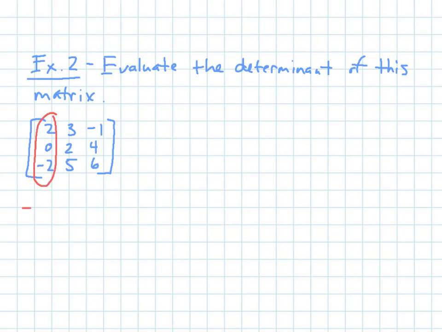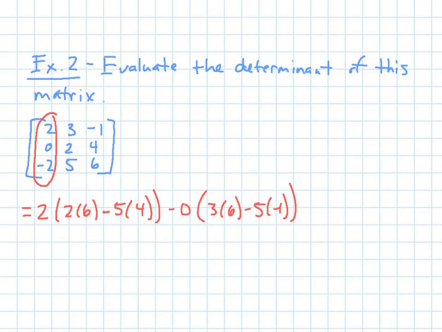So in this case, 2 is in a positive position, so it's positive, times, cross out the row and column it is in, so that gives you 2 times 6 minus 5 times 4, in parentheses. 0 is in a negative position, so it's minus 0, and then cross out the row and column it's in, so 3 times 6 minus 5 times -1, and then -2 is in a positive position. Now remember, it doesn't make it positive, it keeps it the same, okay?